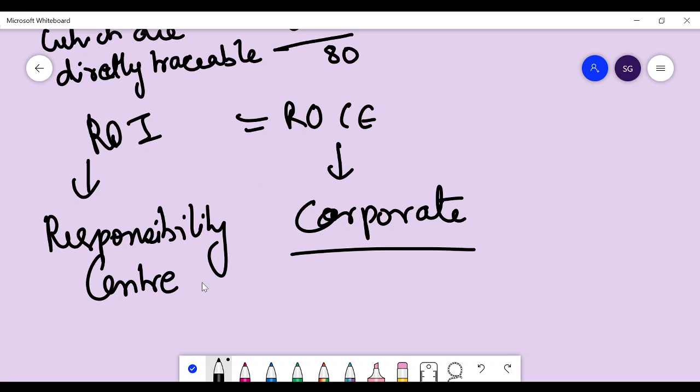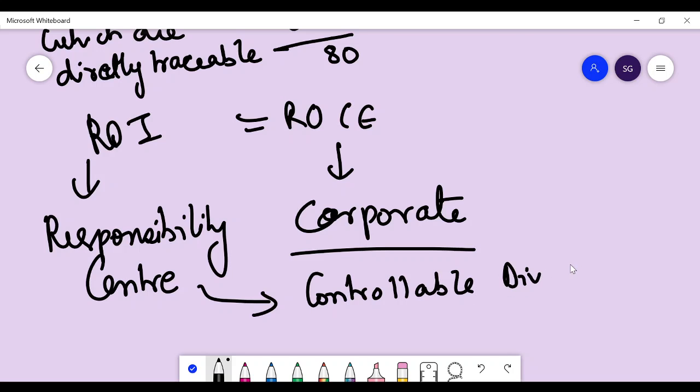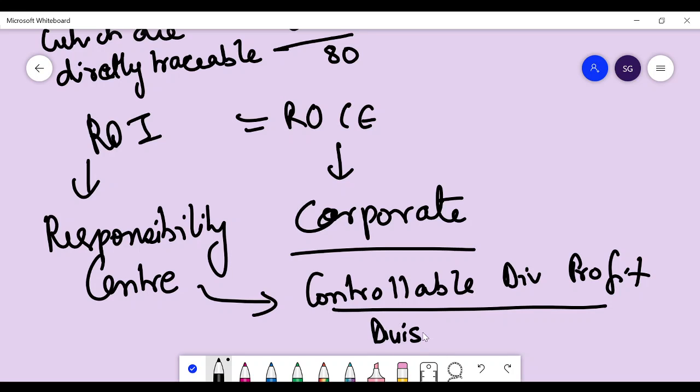The formula here is controllable divisional profit divided by divisional investment.